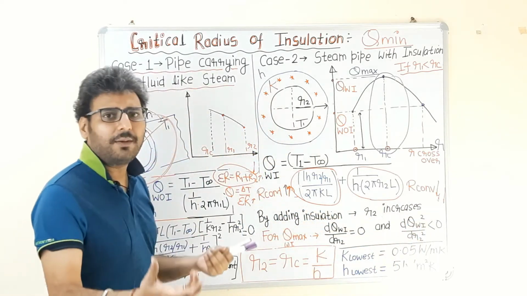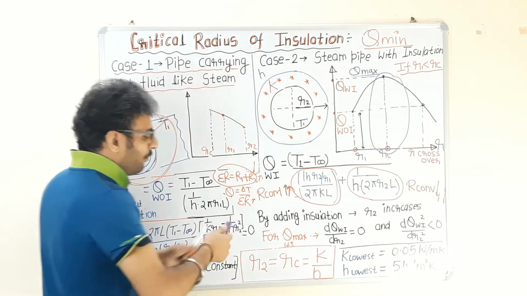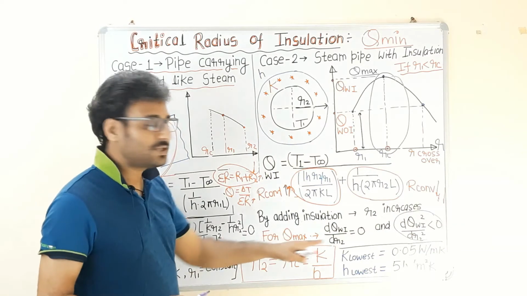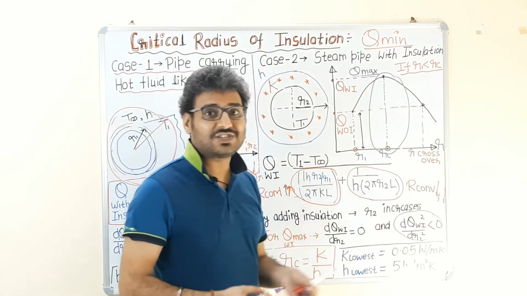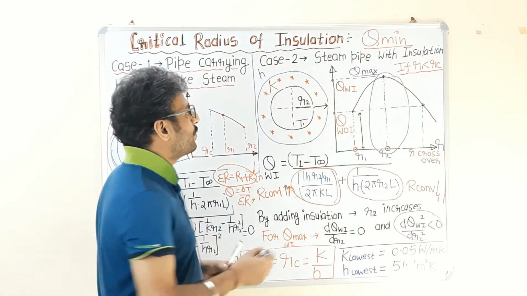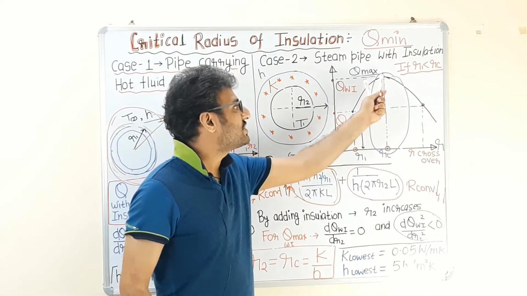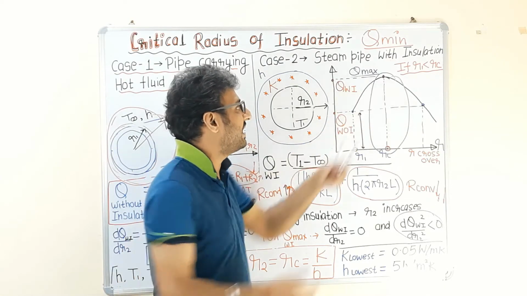Now, from the knowledge of mathematics, this condition is showing the change of slope of the curve. So for Q maximum, the change in the slope of the curve is negative.